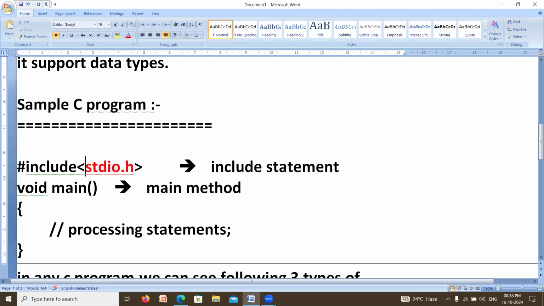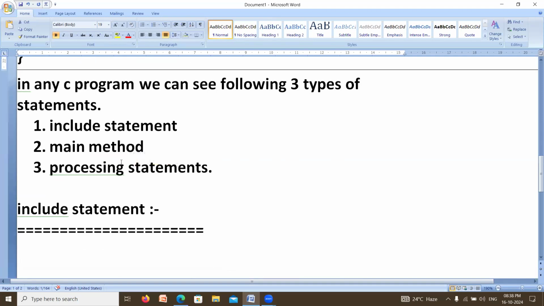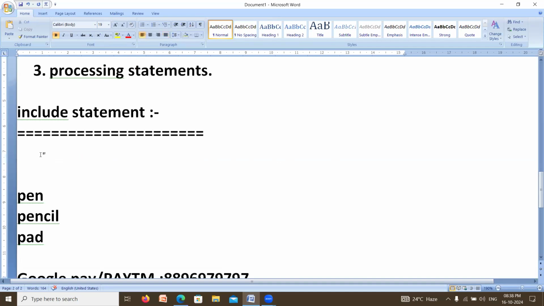Before using those tools, we need to copy them into our program. By using the #include command, we can copy the tools from stdio.h. What is include statement?